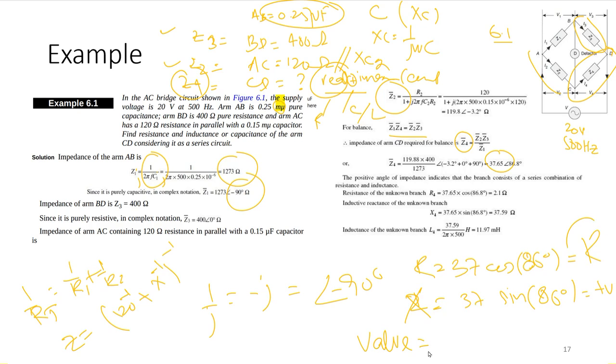The second value will be compared with j omega L, and L can be calculated as the value divided by 2 pi f. Doing so, we got 11.97 millihenry. So this is it for the balance condition of an impedance-based bridge.